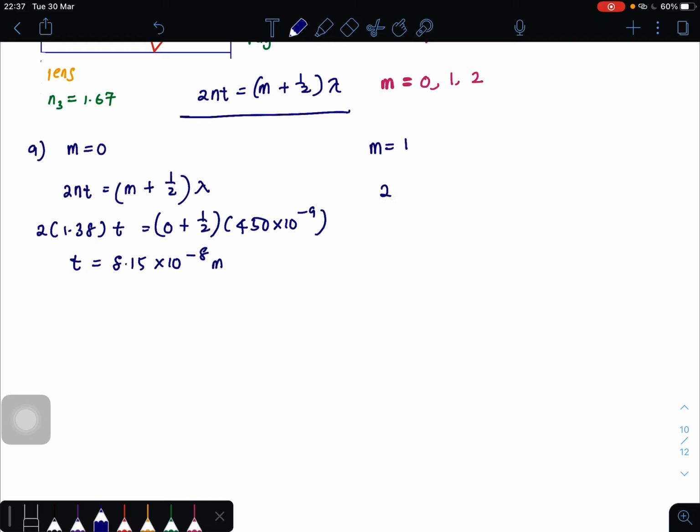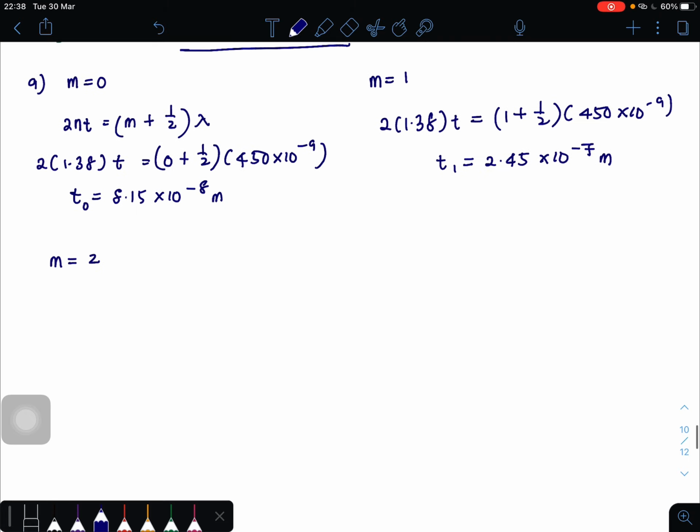Okay, and then the next one will be m equal to 1. So we put in using the same formula, but m will be different. So 1 plus 1 over 2, and lambda will be 450 times 10 to the negative 9. So you will get t equal to 2.45 times 10 to the negative 7 meters. So label here, 1, where m is equal to 1. This one is 0. And now we want m equal to 2.